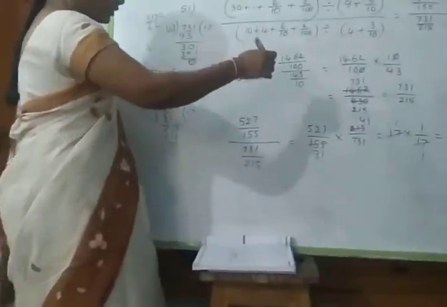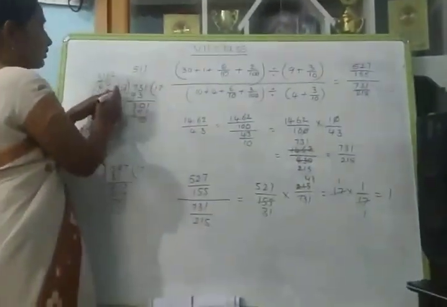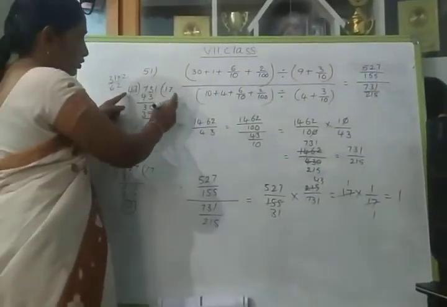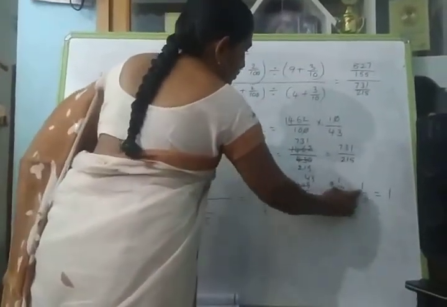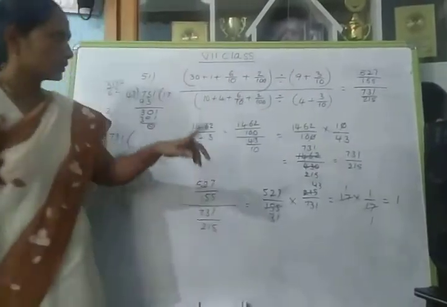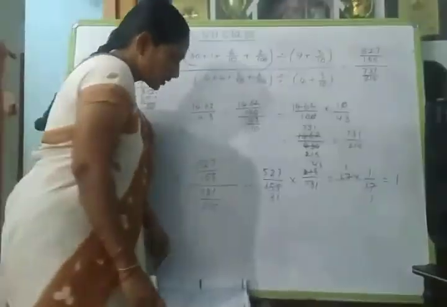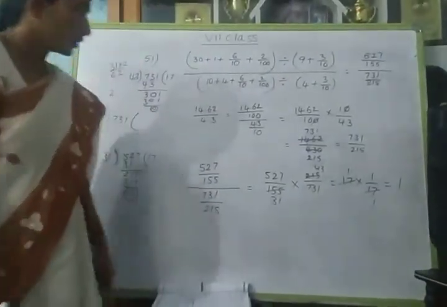If you take the reverse, you get 17. If you divide 731 with 43, you get 17. So reverse, you can write 1 by 17. So 17 ones are 17. So what is the answer? 1. The answer is 1. Option A is correct.